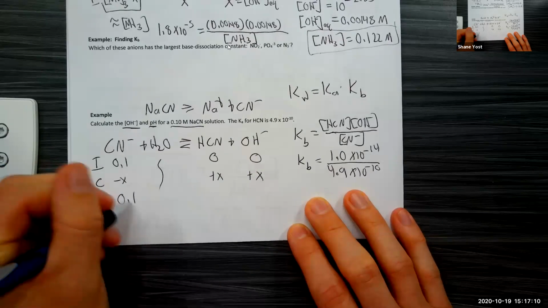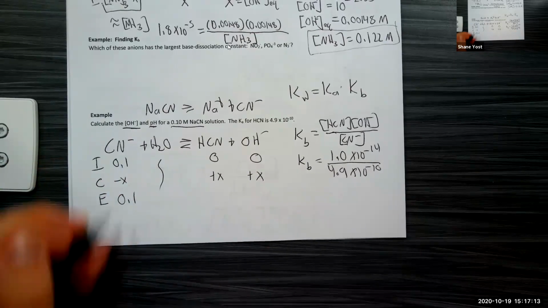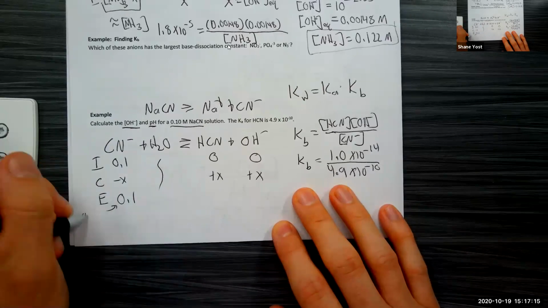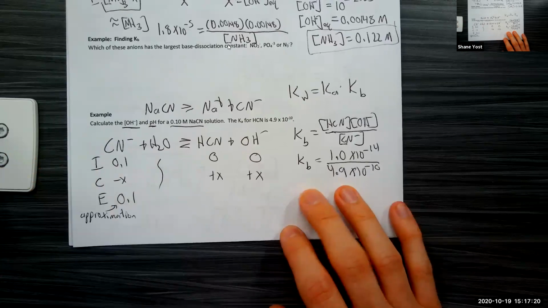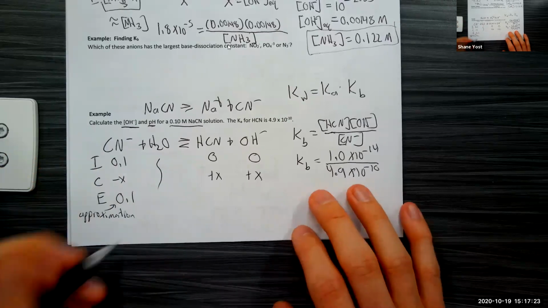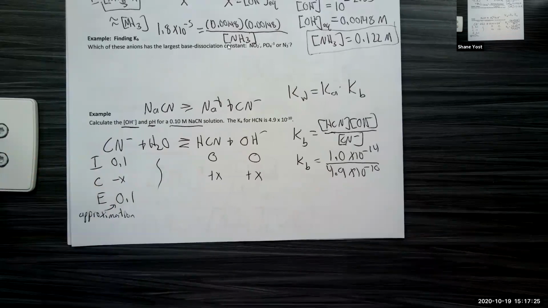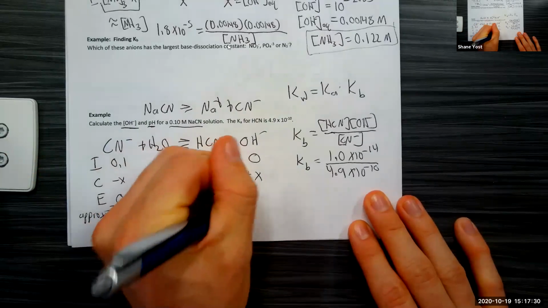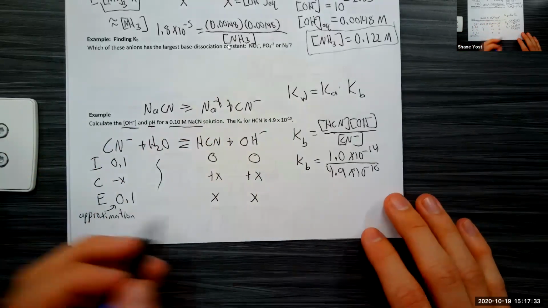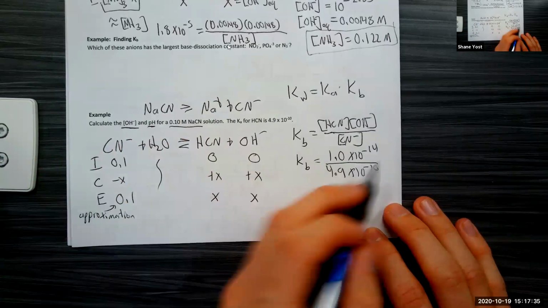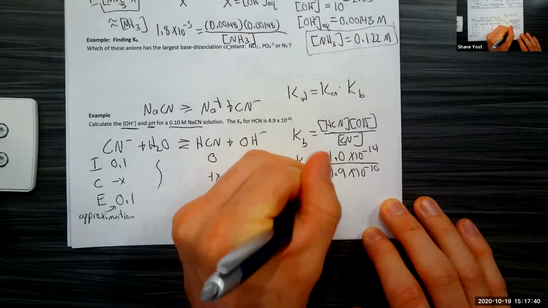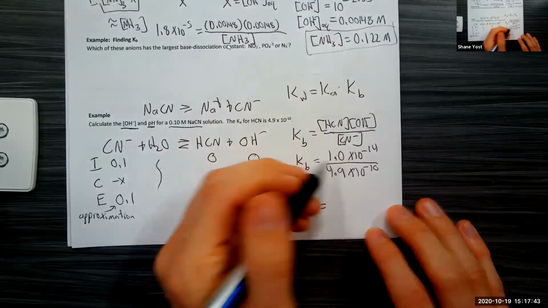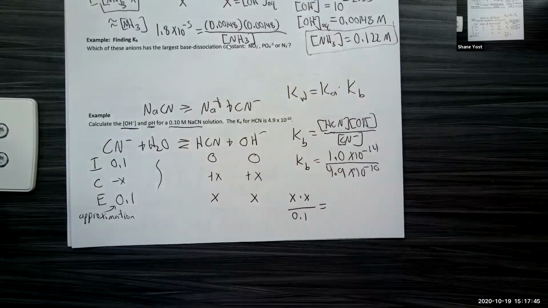This is an approximation; I'm just ignoring X here, so we aren't confused as to what happened to the minus X. I'm saying 0.1 minus X is basically 0.1, and then this is X, this is X. Now I can plug these equilibrium concentrations into my Kb expression to get X times X divided by 0.1 equals whatever that number comes out to be.